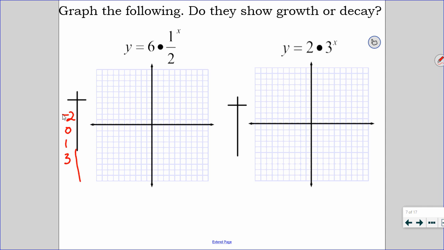And then on this one, again, it really doesn't matter. So let's go -1, 0, 1. Actually, we'll do the same points: -2, 0, 1, and 3. So again, if each of you wants to do one, then we can look at what these look like.